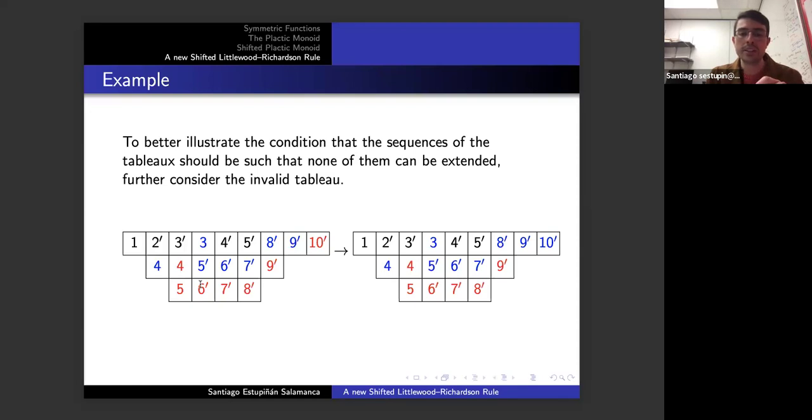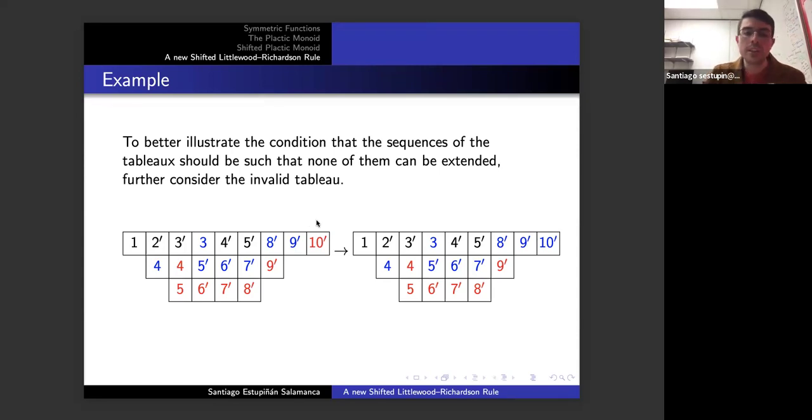This last condition that was kind of mysterious, this condition that a certain tableau cannot be extended, means that when you compare these two tableaux on the slide, you can see that the 10 prime that is in red is right next to a 9 prime that is in blue.